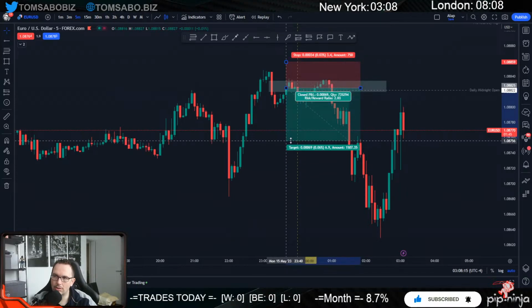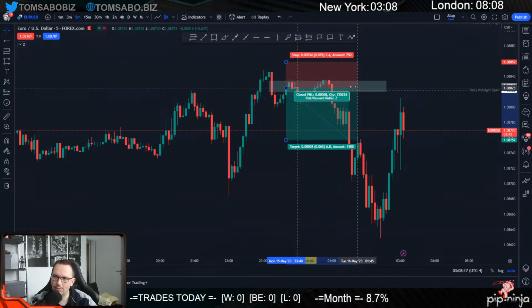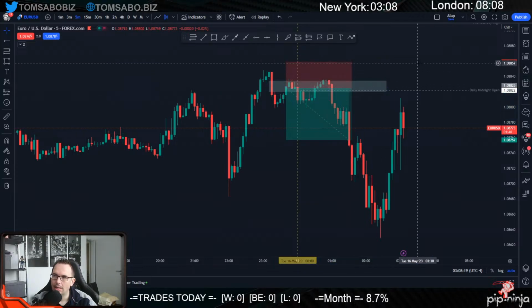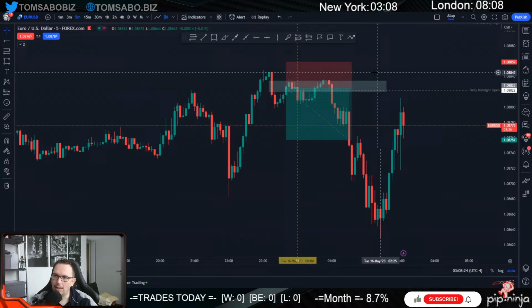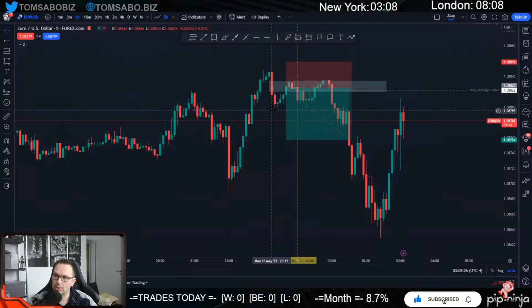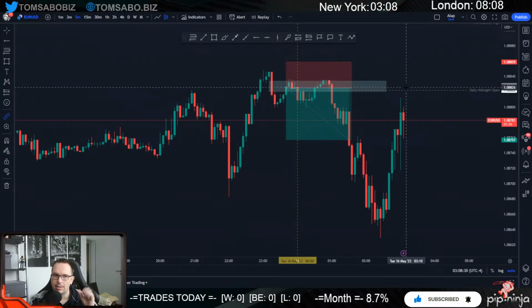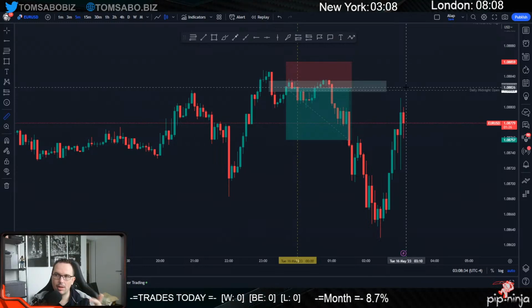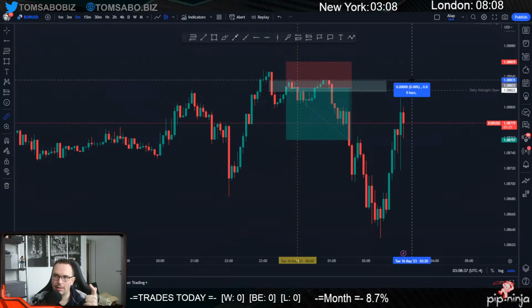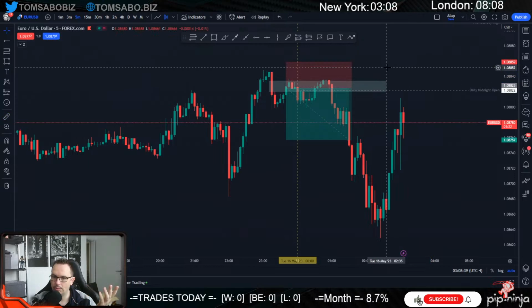I know many traders go for 1 to 10, 1 to 5, something like that. I understand that. But I take partials. I take partials at 1 to 1, and I close my final position at 1 to 2.